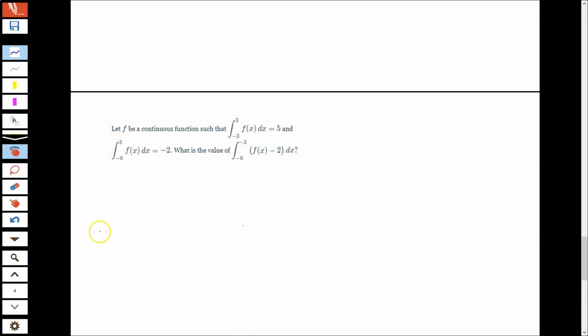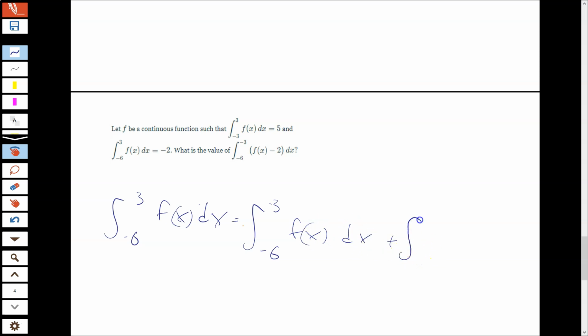So we're going to say the integral from -6 to 3 equals, well, that should equal the integral from -6 to -3, so we're going left to right here, of f of x, plus the integral from -3 to 3.